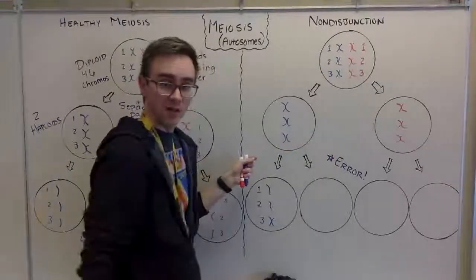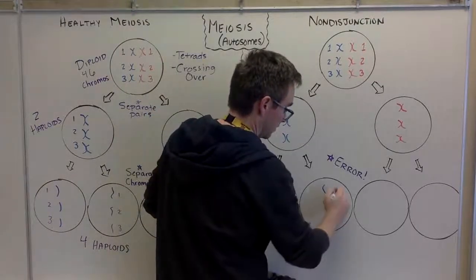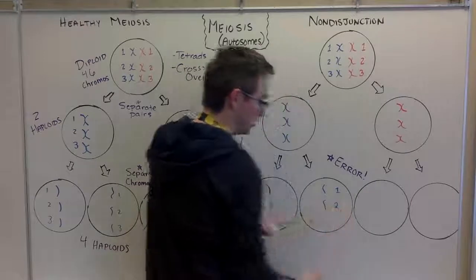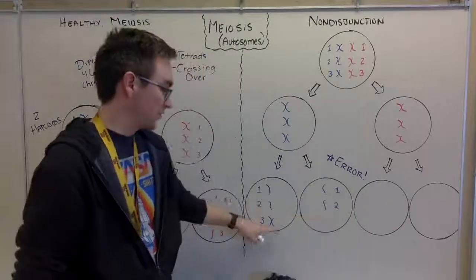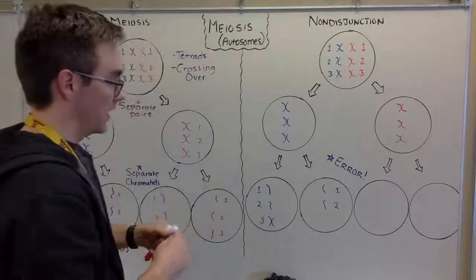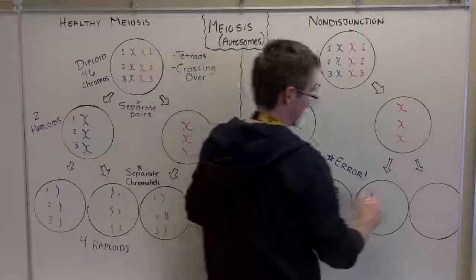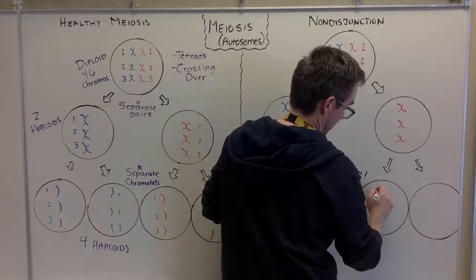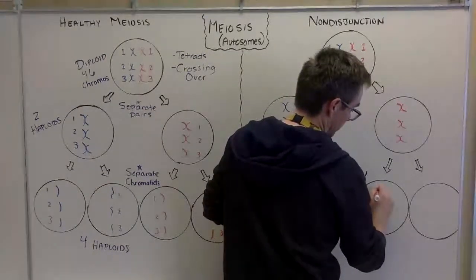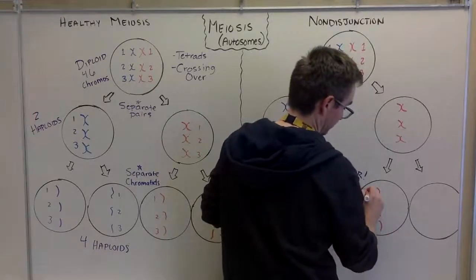They both went to one side, which means on this side here, I'd have the number 1, the number 2, but no number 3 because both strands went over here. And then I could say the same thing for the other one. What happens if we separate these ones and get 1, 2, 3?